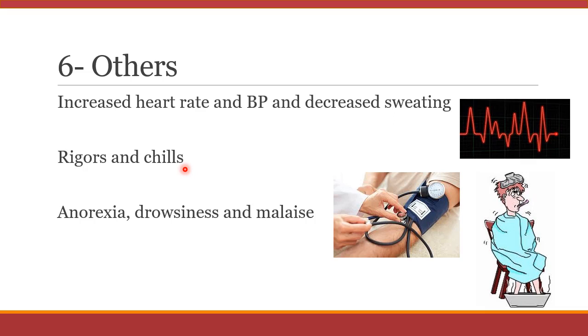So the patient will feel cold and he will shiver. Also, we can see in cases of acute inflammation anorexia, which means loss of appetite, drowsiness, and malaise, feeling tired and feeling drowsy. This also will happen under the effect of cytokines on the brain tissue.